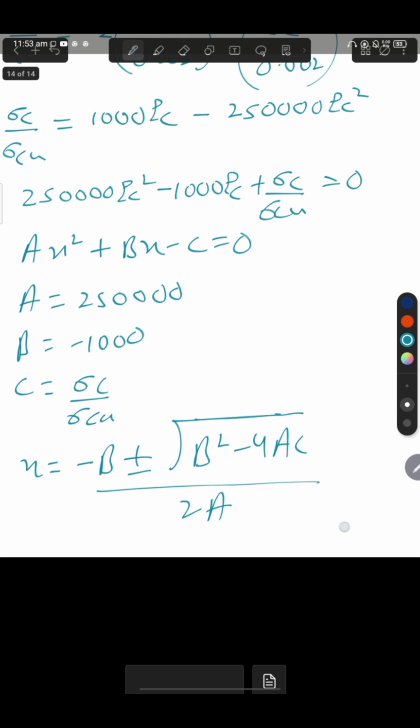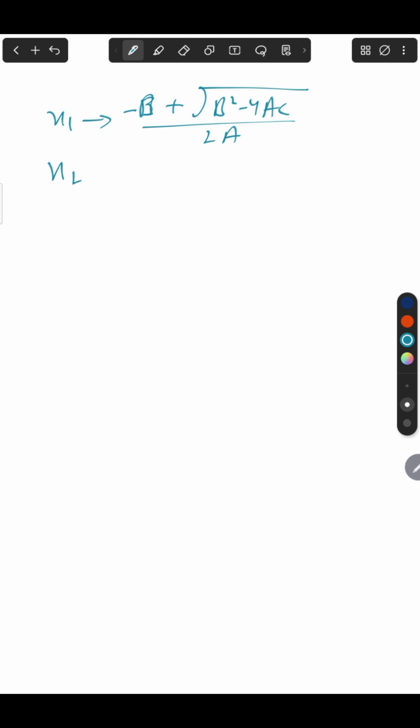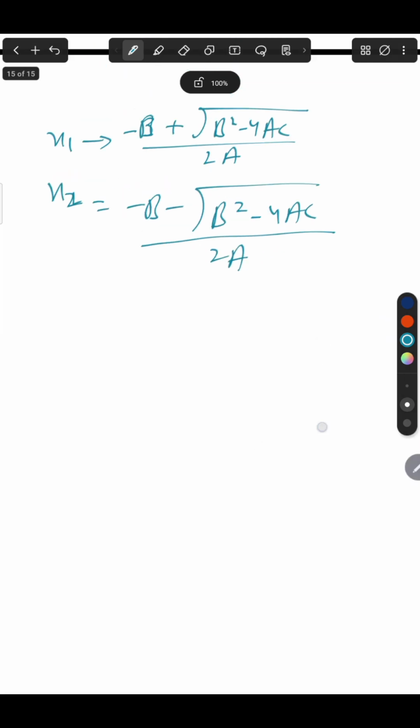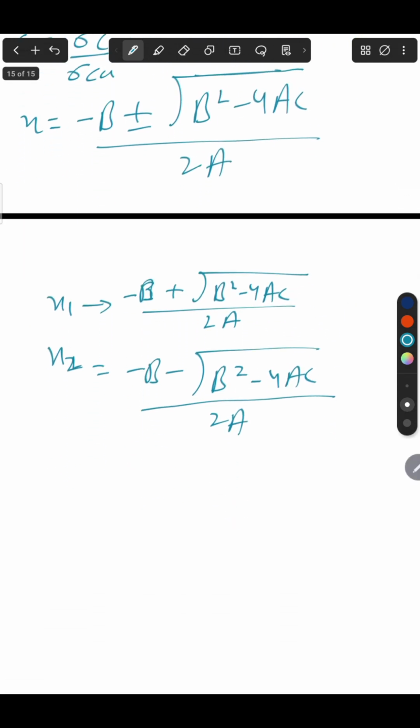From this we get two values of x, x1 and x2. x1 will be minus b plus under the root b square minus 4ac by 2a, and similarly x2 will be minus b minus under the root b square minus 4ac by 2a. So we will get these values x1 and x2. Among these, the x1 value will be greater.